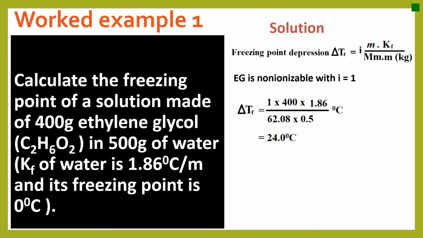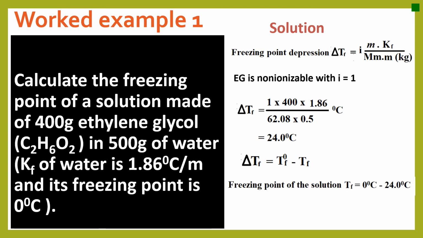So we are asked to calculate the freezing point of the solution. To find the freezing point of the solution, we use this relation, that freezing point depression equals the freezing point of the solvent, that's water, minus the freezing point of the solution. We have everything except the freezing point of the solution, which is TF. Let's solve for TF and substitute the values.